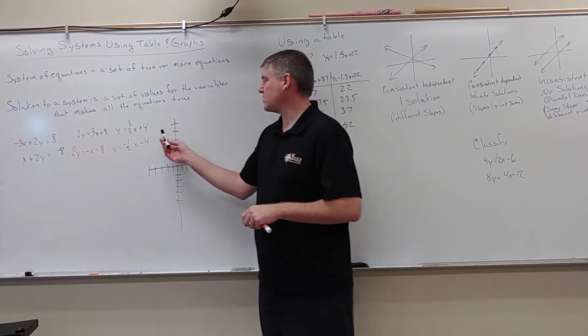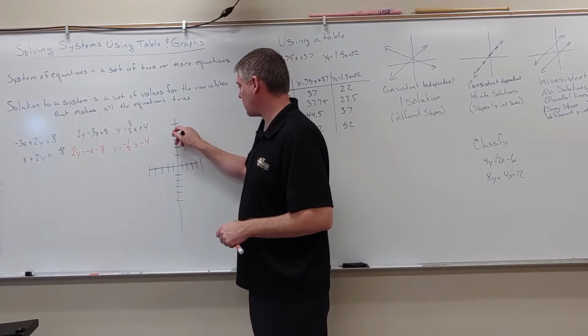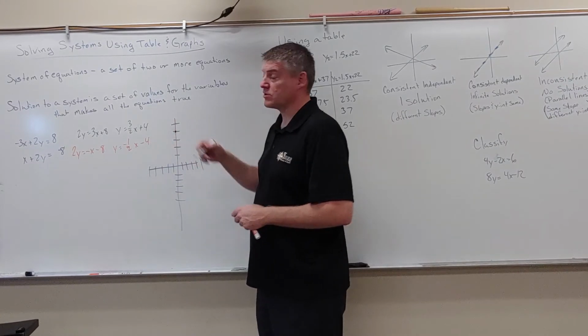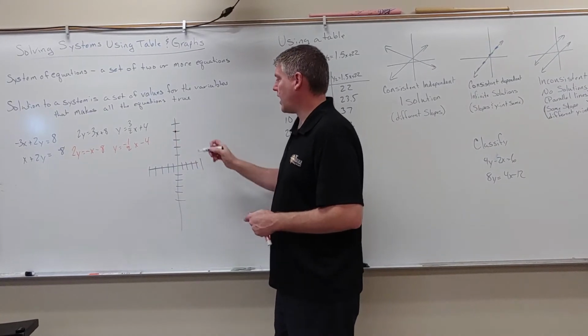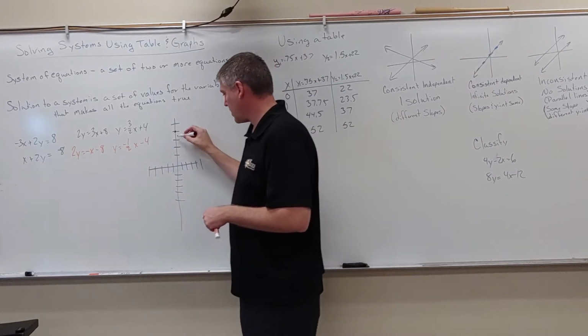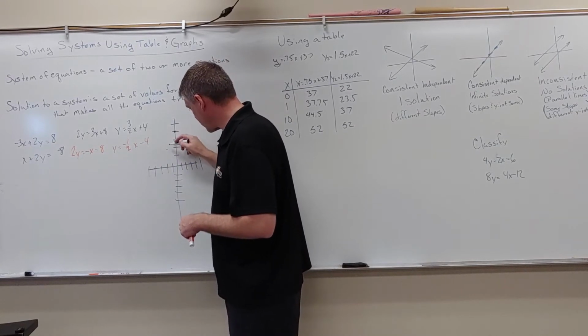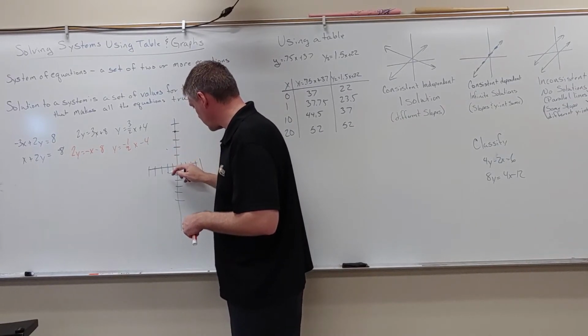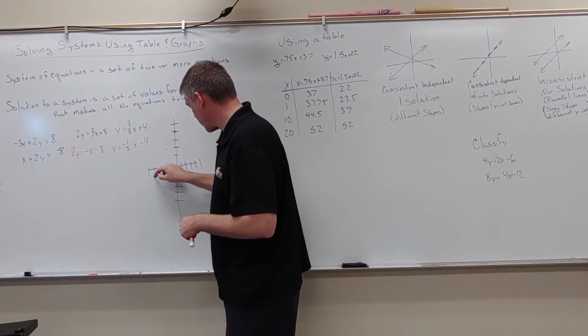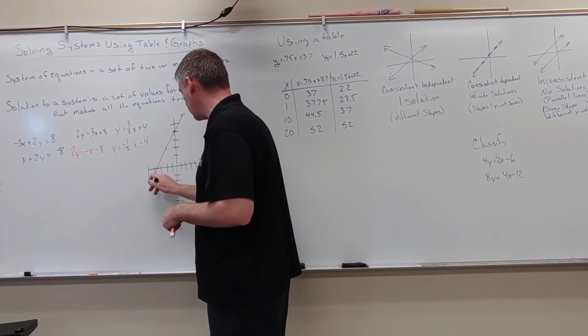So the first thing I'm going to do is graph the black one. I'm going to go up 4, 1, 2, 3, 4, and then I would use the reverse of my slope, so I'm going to go down 3 over 2: down 3, 1, 2, 3, over 2. There's my next point, and I'm going to draw those in.